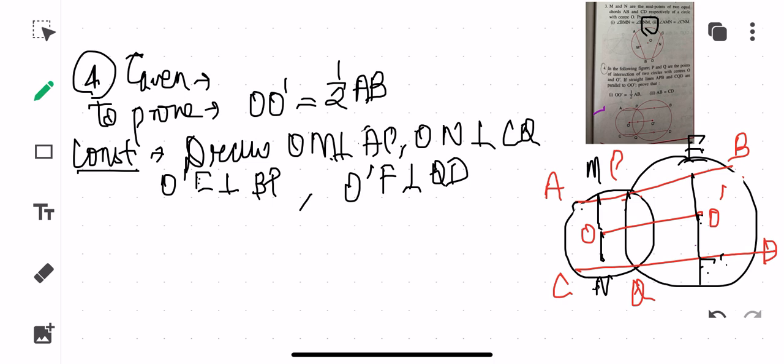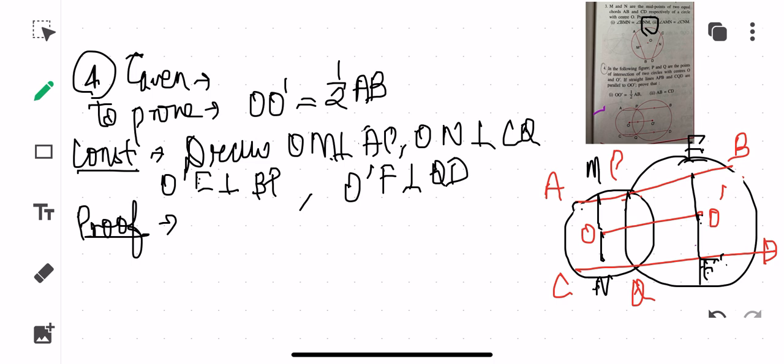Okay, so now what you will be writing, so this was F, children. So we'll be writing down the proof now. In the proof part, you know that perpendicular from the center of the chord bisects the chord.